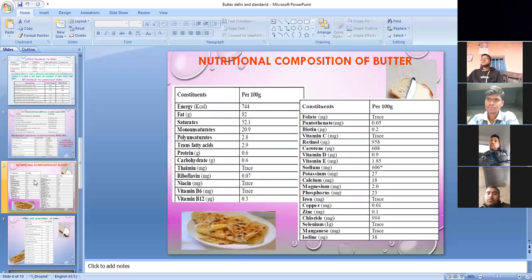It depends upon the addition of salt. Iron very trace, copper 0.01, zinc 0.1, selenium trace में, magnesium trace में, आयोडीन 38 माइक्रोग्राम पाया जाता है. तो इस तरह से these are the different types of minerals and vitamins available in per 100 gram of the butter. So these aspects we have to discuss.